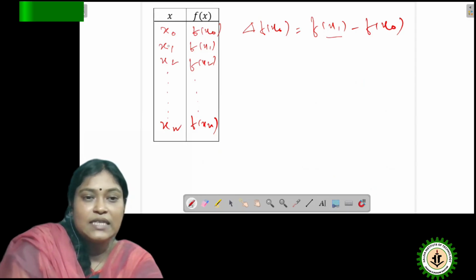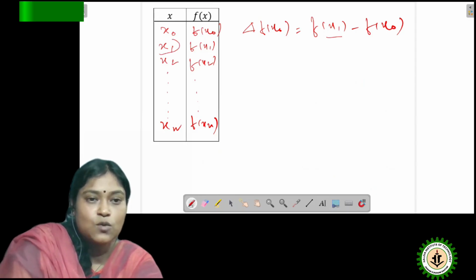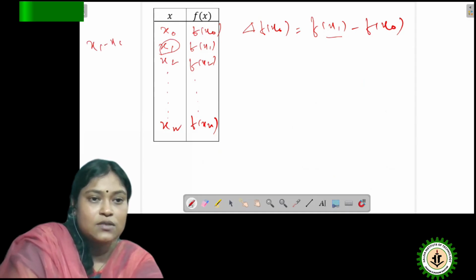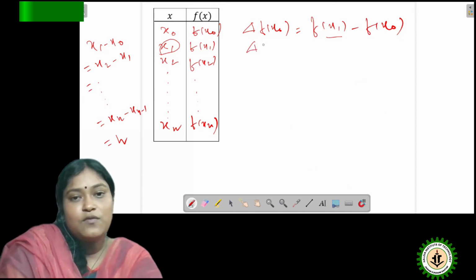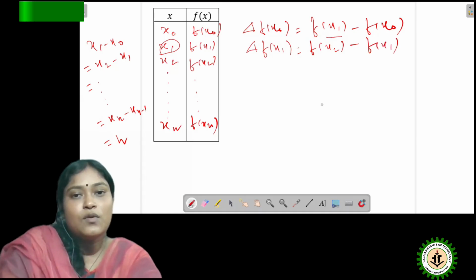Now what is x0 plus h? x0 plus h is nothing but x1, because all these are equispaced values. Here x1 minus x0 equals x2 minus x1 equals, at last, xn minus x(n-1), all of which are equal to h. So delta f(x0) I can write as f(x1) minus f(x0). Similarly, delta of f(x1) will be f(x2) minus f(x1).